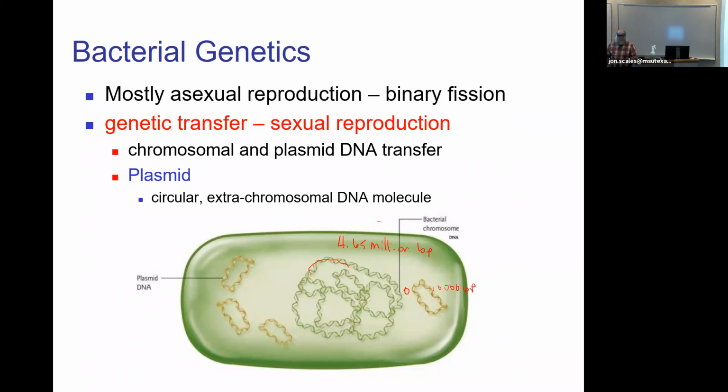So the only cells left alive are the cells that in fact keep a plasmid. So it's just a random thing. Of course, the more plasmids you have, the more likely it is you keep one or two. So usually plasmids exist in multiple copies per cell.